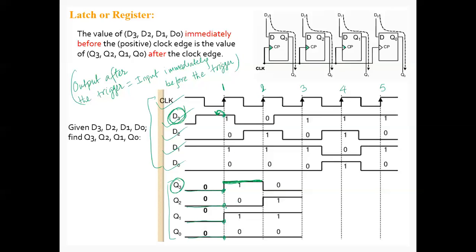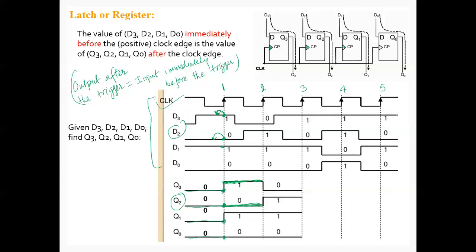So similarly, how about this one here? This one comes from D2. Right before the trigger, this is the trigger location, right? What is D2? 0. That's why right after the trigger, your Q2 remains low. How about here?